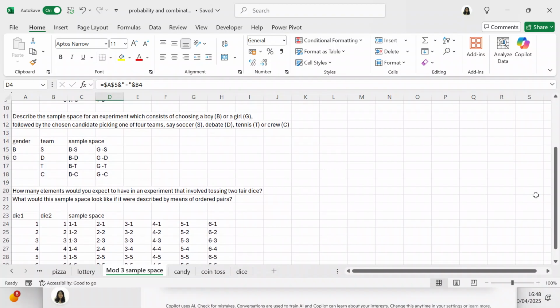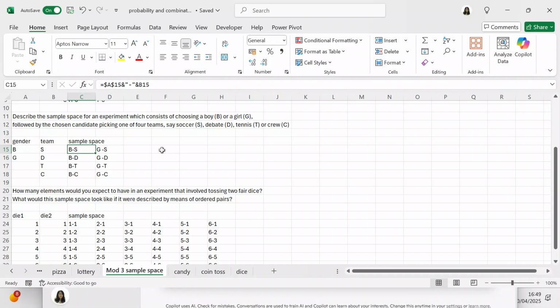And that is done exactly the same way as in the previous question. So you've got your gender, either a boy or a girl, and your team is going to be S, D, T, C for soccer, debate, tennis, or crew, and I don't know what crew is. So it's going to be done exactly the same.